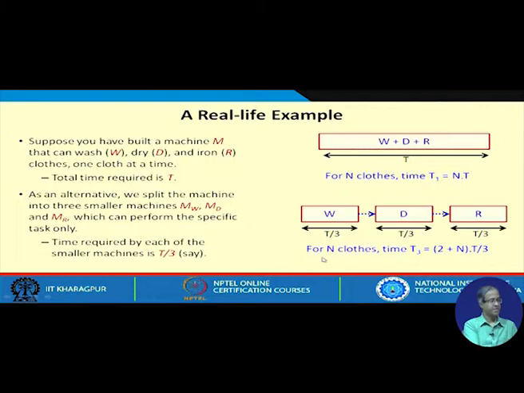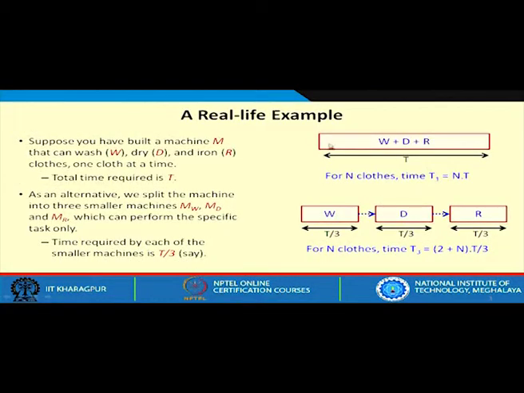Let us take a real life example, say of washing. Suppose we have a requirement where we need to wash clothes, dry them and iron them. Suppose I have a machine which can do washing, drying and ironing. So, there are 3 stages of the machine.